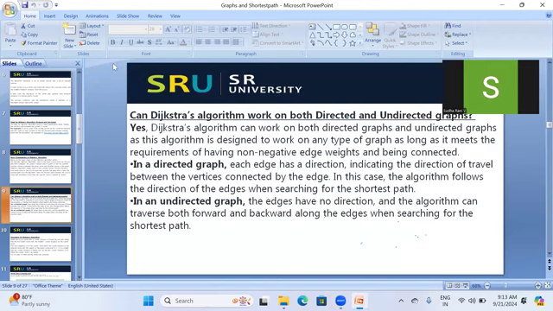Take an example, see here, I am trying to draw one graph. Take a simple one.